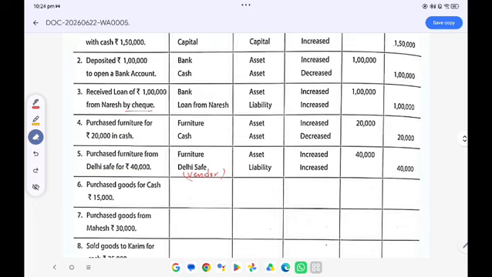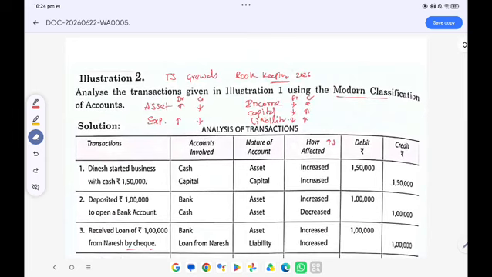Always, for the increase and decrease, the nature of account or nature of transaction, we focus on these 5 rules. In the modern approach, what decides which is debit and which is credit are these 5 characteristics. Nature of account.